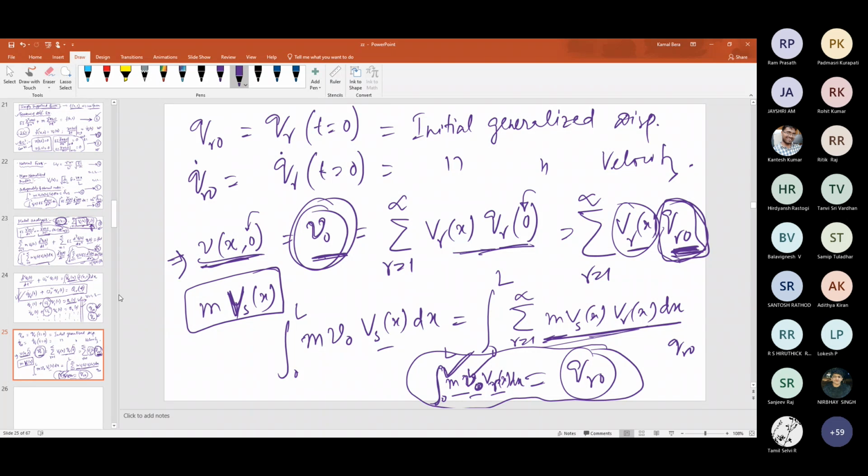That notation I have used, and for this I have used the notation Q_r0. So just pre-multiplying both sides by m V_s(x), integrating over the domain 0 to L, invoking the orthogonality condition, I'll get Q_r0, that is the initial displacement in the modal coordinate. Similarly, the initial velocity in the modal coordinate, Q_r0 dot.